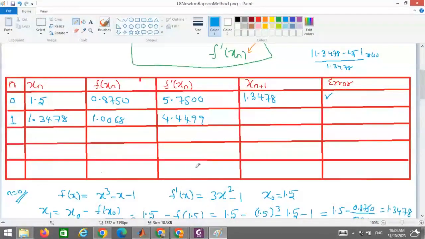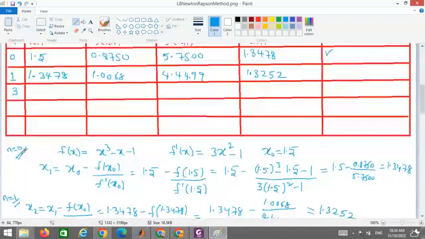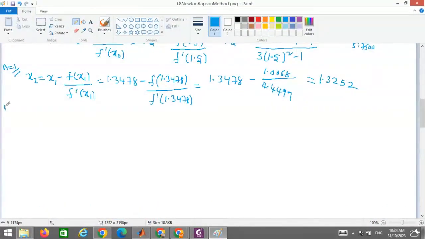Okay. So let us write this 1.3252. I got here. Now let's take n is equal to 3. So when I take n is equal to 3, now I will write the direct steps. x3 is equal to x2 minus f of x2 by f dash of x2, correct?